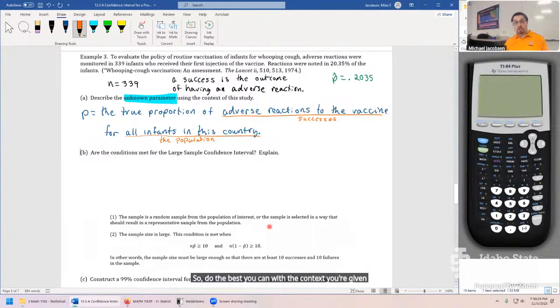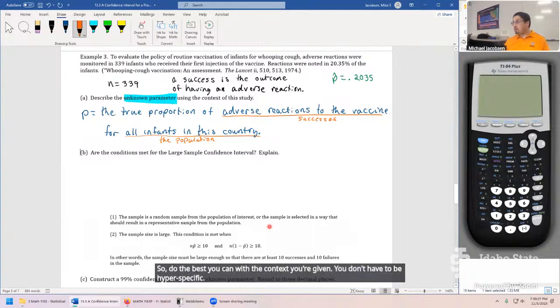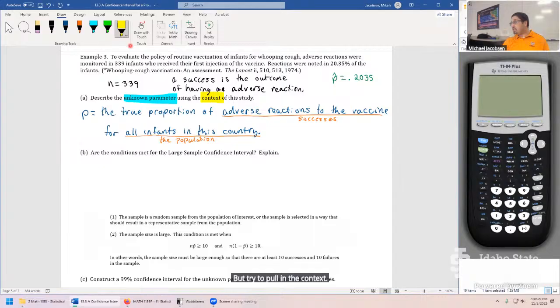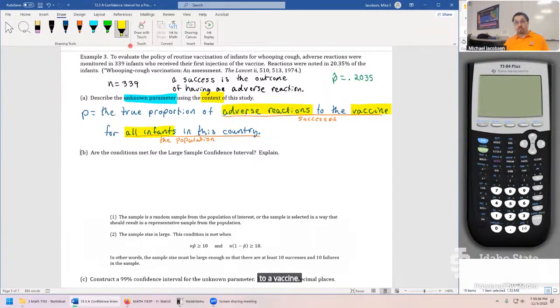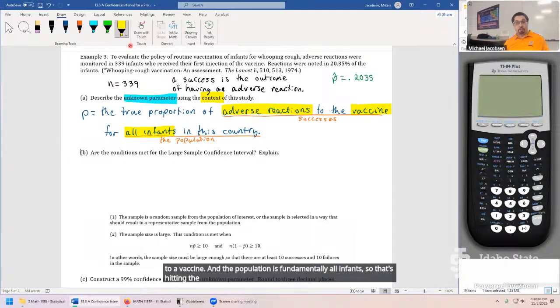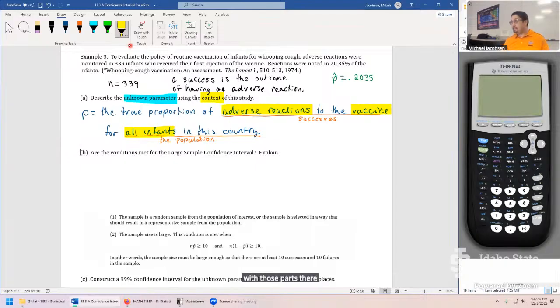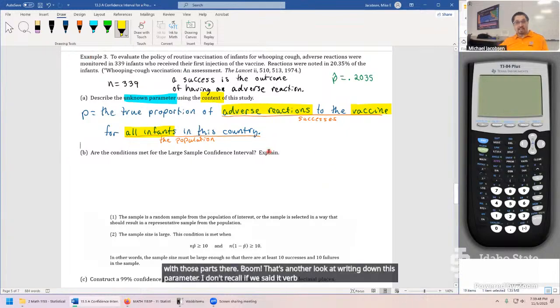You don't have to be hyper specific, but try to pull in the context by mentioning things like the fact that we're talking about adverse reactions to a vaccine, and the population is fundamentally all infants. So that's hitting the context really hard with those parts there. Well, that's another look at writing down this parameter. I don't recall if we said it verbatim exactly the same, but I believe we captured the same essence when we did this last time.